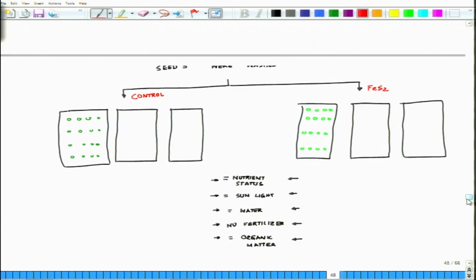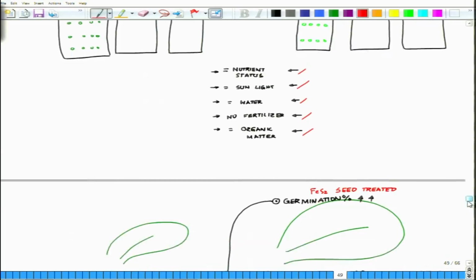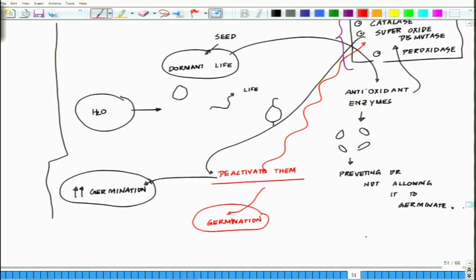Post that, these seeds were sown, maintaining the same nutrient status for the soil, same amount of sunlight, same amount of water, no fertilizer and equal amount of organic matter in the soil. What was observed? There is an increase in the leaf size, an increase in the biomass, an increase in chlorophyll, and an increase in manganese, sulfur, calcium. Now, where are these effects coming from? This is where we stopped.